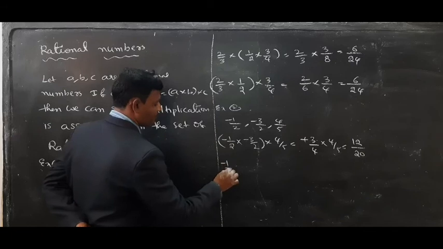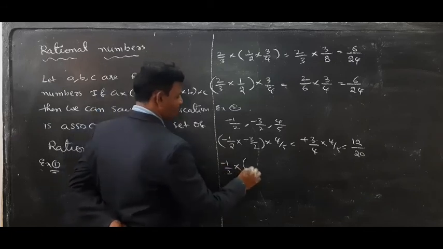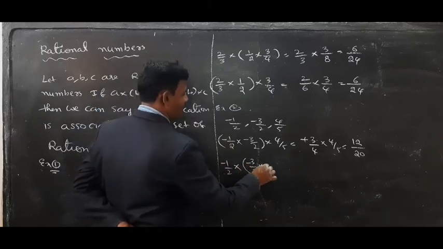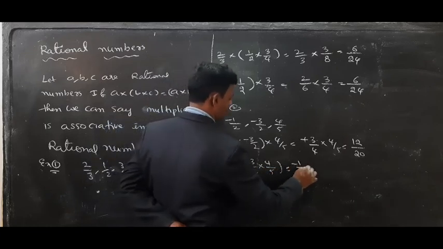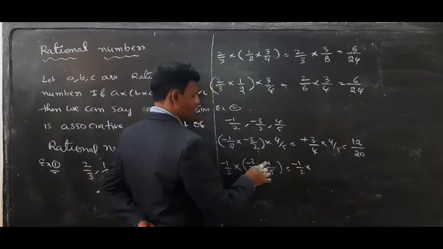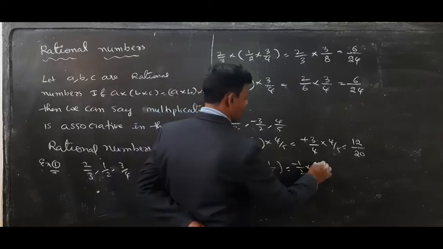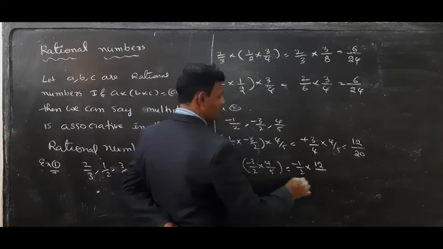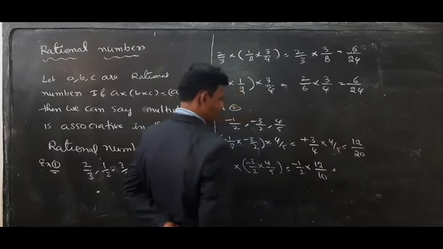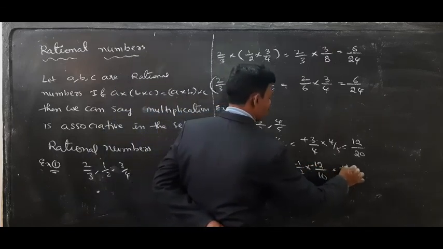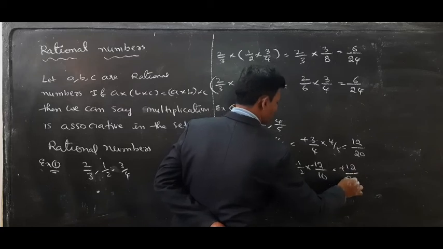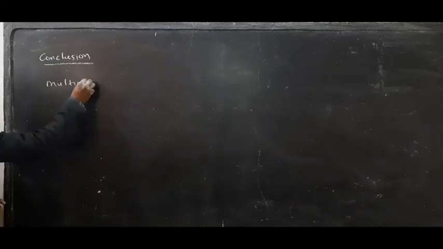Next, −1/2 × (−3/2 × 4/5): minus into plus is minus, 3 × 4 is 12, 2 × 5 is 10; minus into minus is plus, 1 × 12 is 12, 2 × 10 is 20. Both are equal.